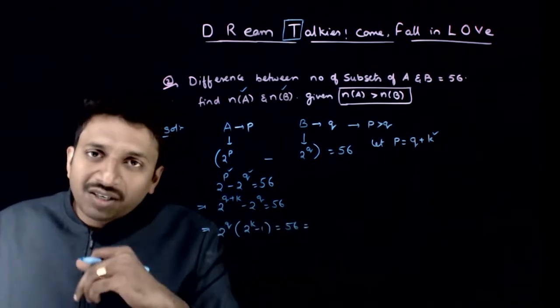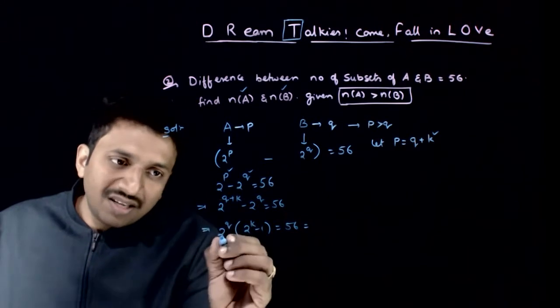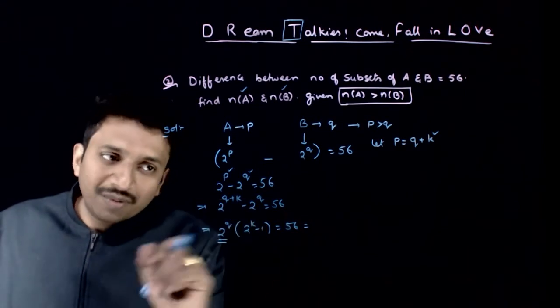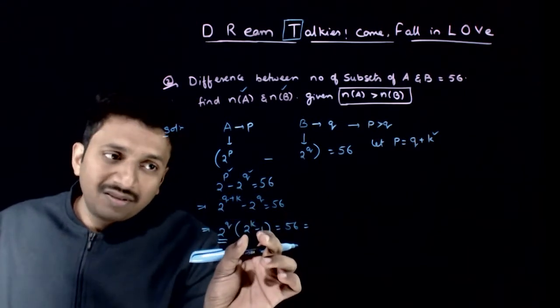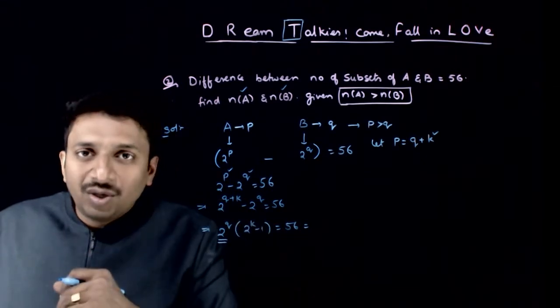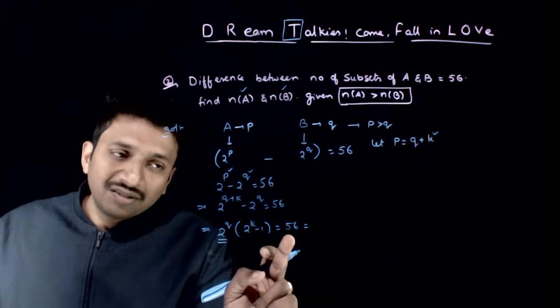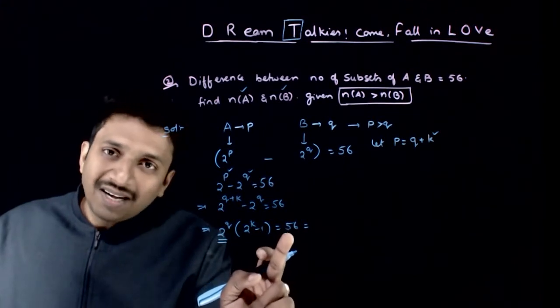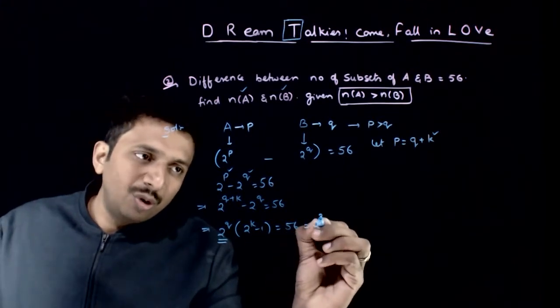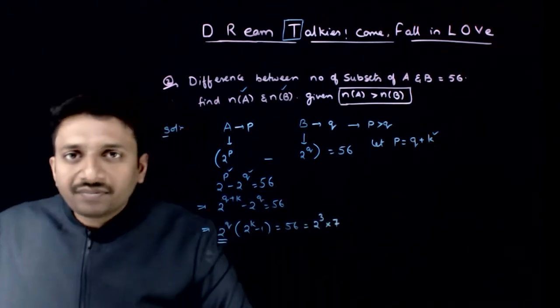So what is the prime factorization of 56? As you can see, this has 2 power something, and the other factor is an odd number, which does not have a 2 in it. The prime factorization of 56 is 8 into 7, that is 2 cube into 7.